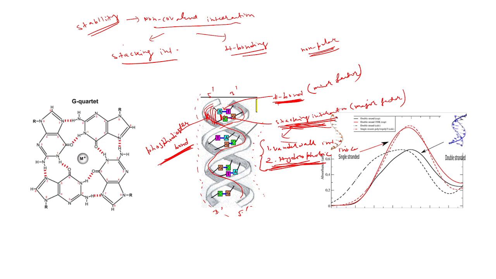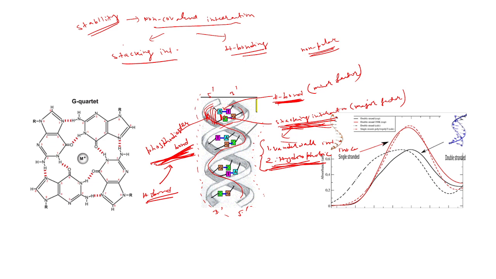to the non-polar bases. So what is the function of the phosphodiester bond? It forms the hydrogen bond with the water molecule. The phosphodiester bond is hydrophilic, that means it can interact with the water, but the stacking interaction cannot interact with the water molecule.